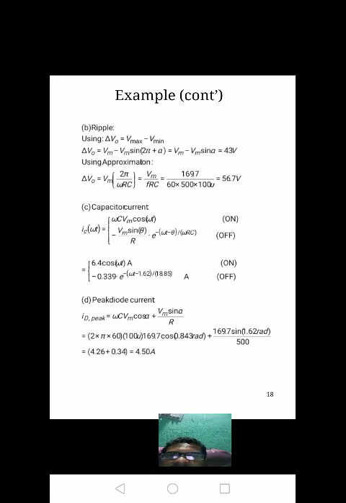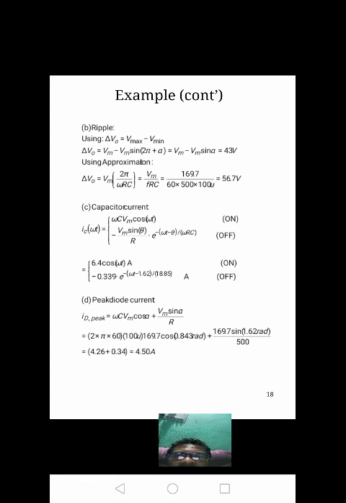Omega c means 2 pi f into the capacitor value 100 micro. Vm cos alpha, Vm value you have to know: 169.7, cos of alpha, where in the starting condition they have given 0.843 radians, plus Vm value 169.7 into sin of alpha value 1.62 radians, divided by R value as 500.